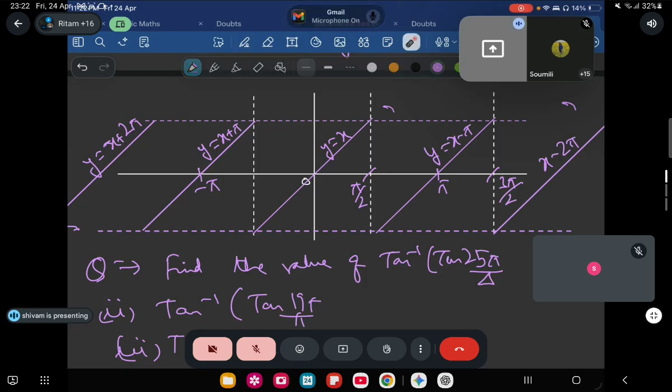Where will it lie, on the left hand side of pi or on the right hand side of pi? On the left hand side. That means it will lie on this branch. So what is the value? 3.